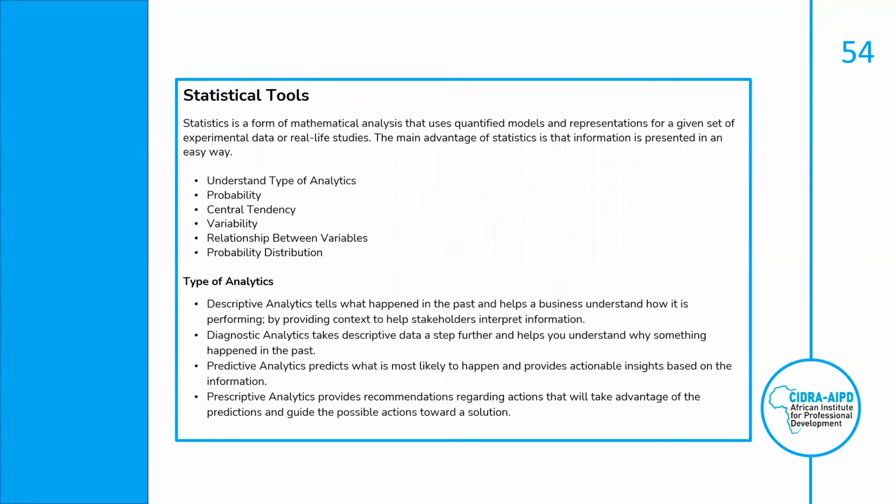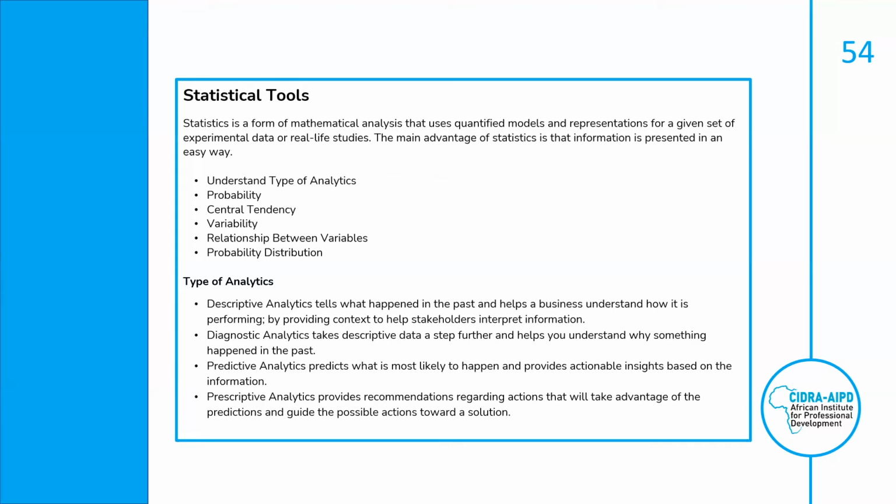Types of analytics. Descriptive analytics tells what happened in the past and helps a business understand how it is performing by providing context to help stakeholders interpret information. Diagnostic analytics takes descriptive data a step further and helps you understand why something happened in the past.